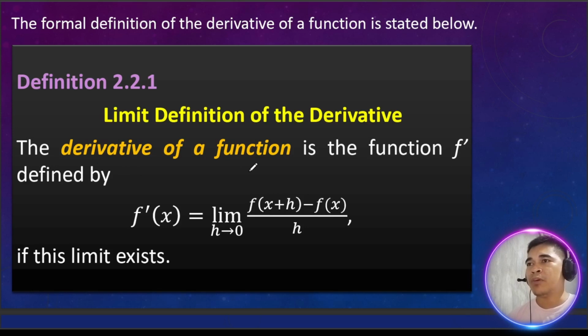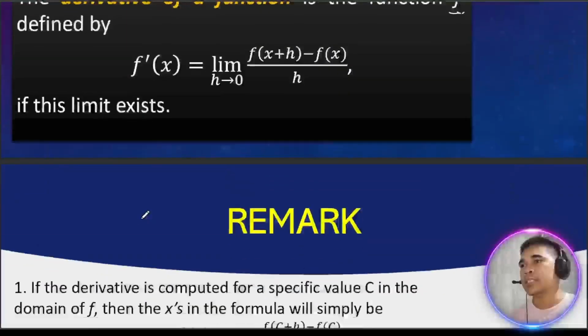The derivative of a function f is the function f prime defined by f prime of x equals the limit of f of x plus h minus f of x, all over h, as h approaches 0, if this limit exists. So if you look at the definition, it is the same as the previous lesson. The only difference is this f prime of x.